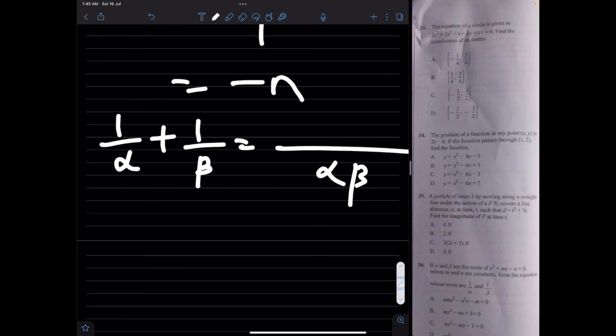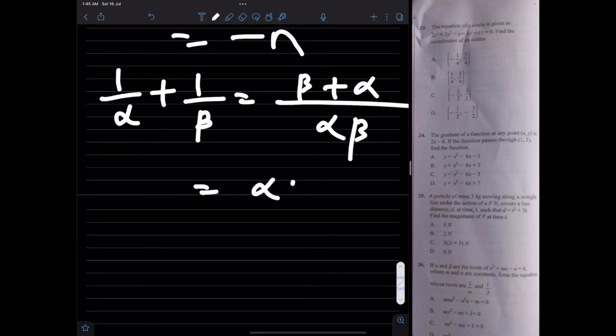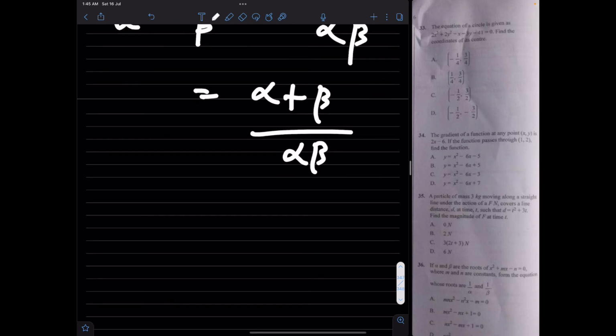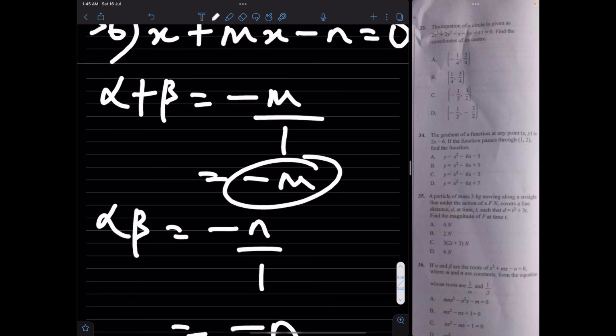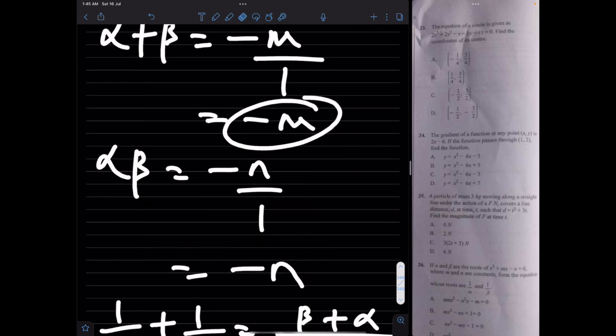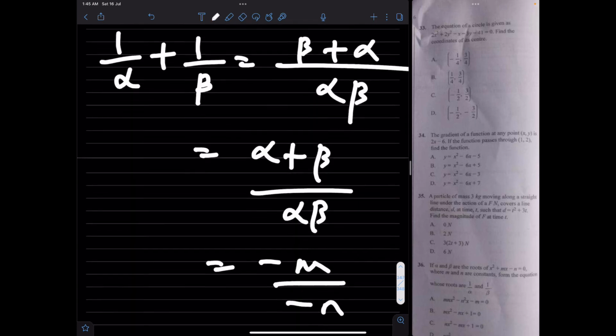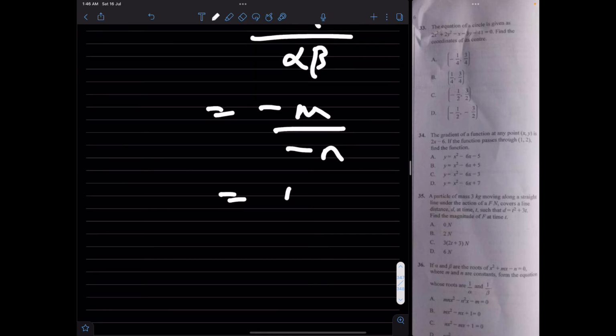Alpha beta divided by alpha is beta, plus alpha beta divided by beta is alpha, and that's the same as alpha plus beta all over alpha beta, which means minus m over minus n. Let's check that. Yeah, that's correct. Minus m over minus n is simply m over n.